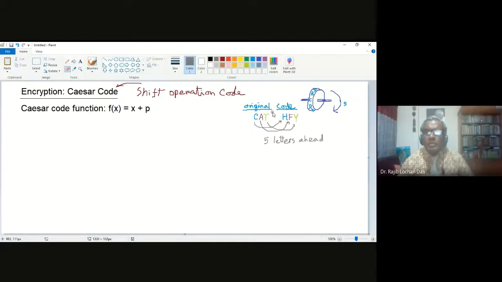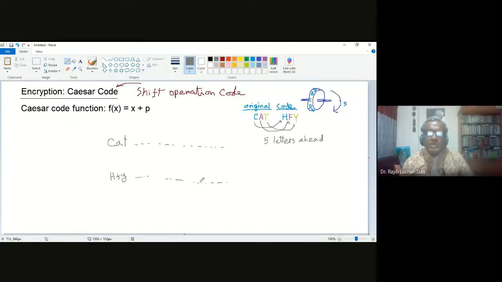Everyone will say, oh, this is very easy. But if you write something like, cat is running, and everything is written in the same technique, the message comes out like H F Y and so on.